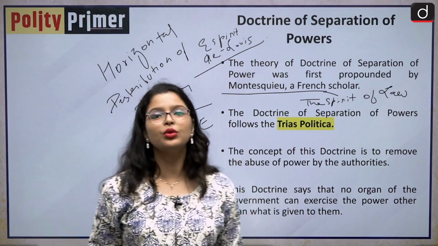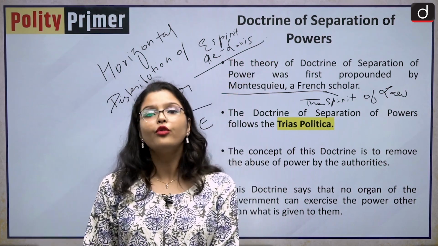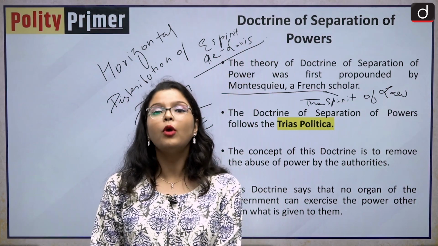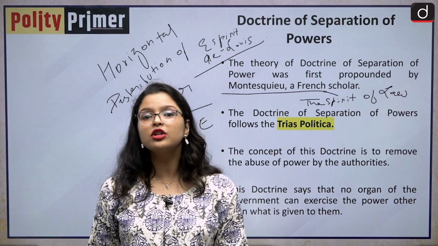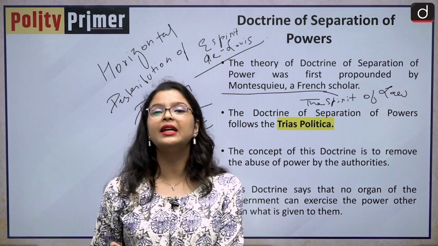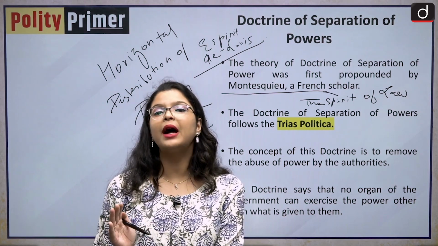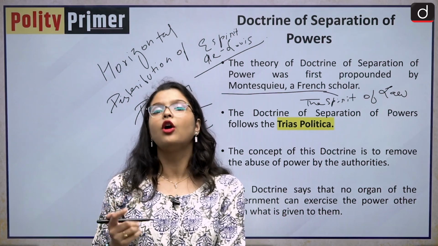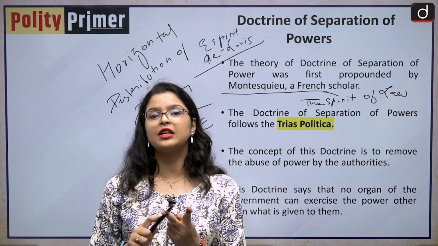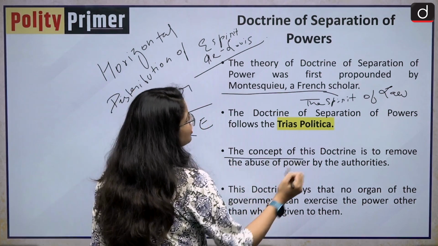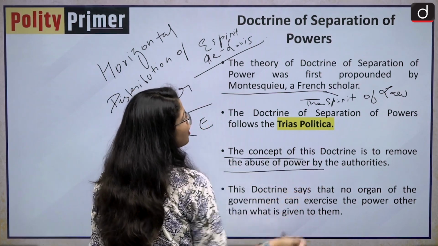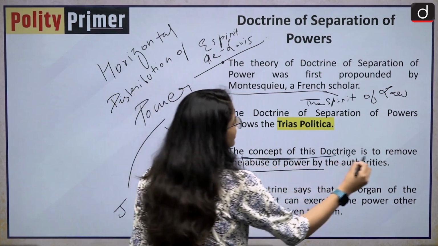The Spirit of the Law was the book in which Montesquieu propounded the doctrine of separation of power. The doctrine essentially talks about the separation of power between the three organs of the government, that is the legislature, executive and the judiciary. The concept of this doctrine is to remove the abuse of power by the authorities.